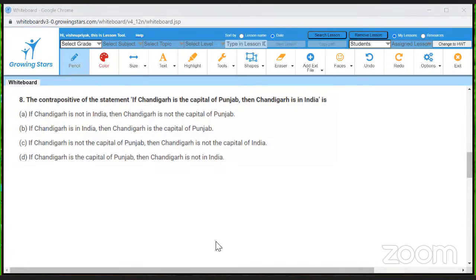Purvi said B, Lohit said D. The correct answer for the 8th is A. A is the correct answer.